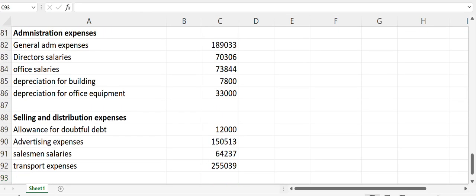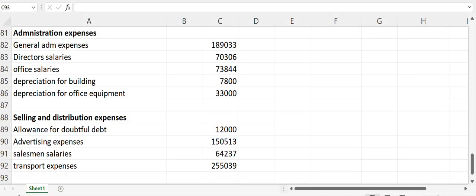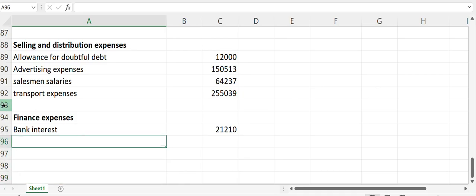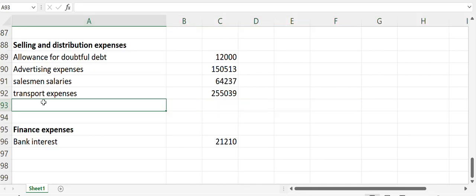Then the other item was what? The selling and distribution. We have depreciation for motor vehicle. So let us add that. Depreciation for motor vehicle.